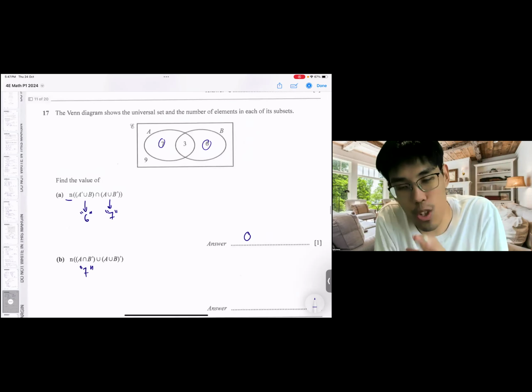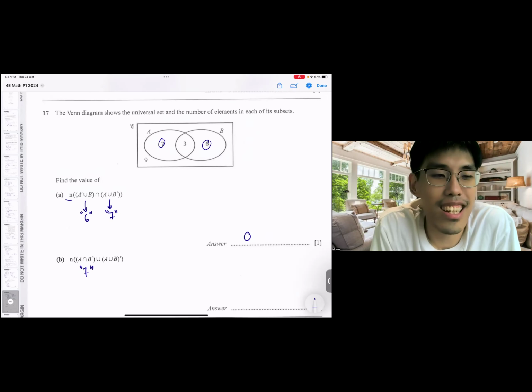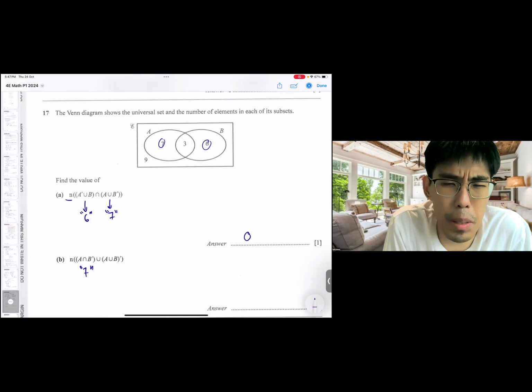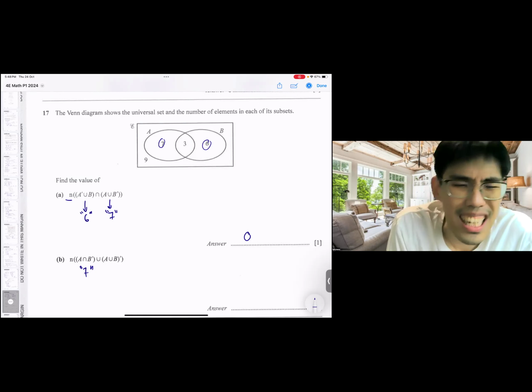This is why I say I don't like sets. I really don't like sets. Okay, A intersect B prime, I'll say 7.